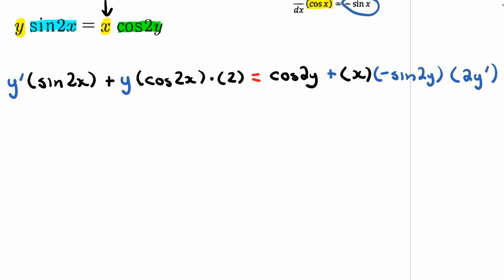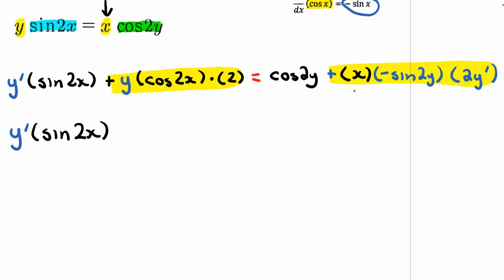What I need to do now is get the y primes all on one side. If I take a look at this term right here and this long term over here, I'm simply going to interchange those two terms. I'm going to bring one term to the right-hand side, and the other term I'm going to bring to the left-hand side. So if I write that out correctly, I have y prime, and then a bracket sine of 2x.